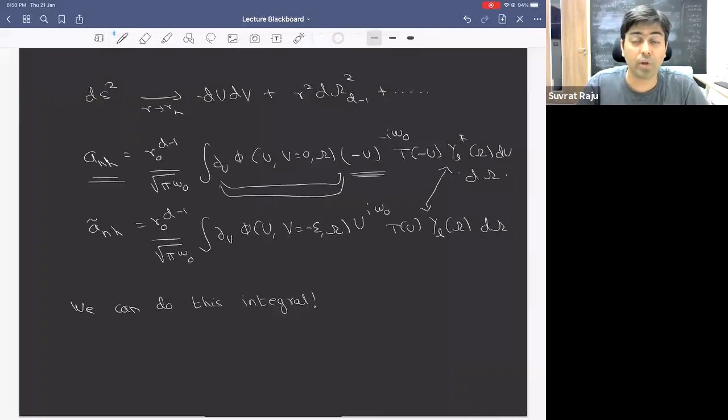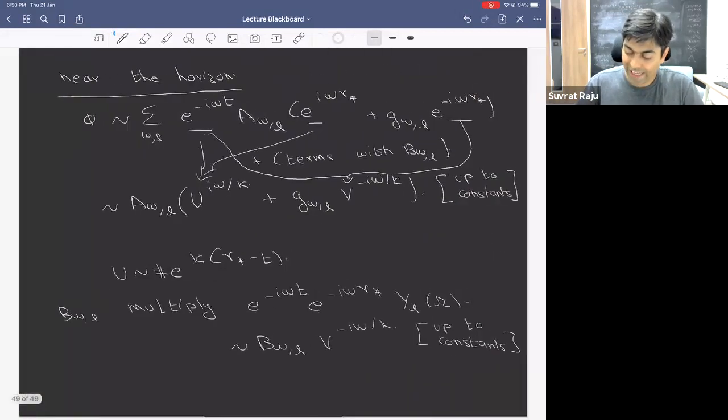It's going to pick up the terms which behave like u to the i omega naught inside this, whereas this kind of integral, the integral here, is going to pick up the terms that behave like u to the minus i omega naught. So when you do this integral, when you think of the expansion of the fields in terms of the A omega L's and in terms of the B omega L's, there is only one term here which behaves like u to the i omega, and that's this term.